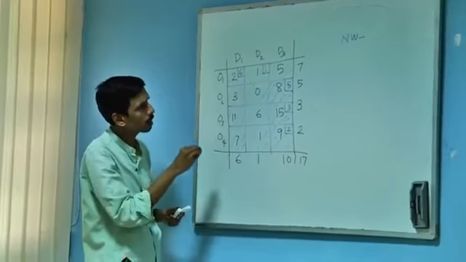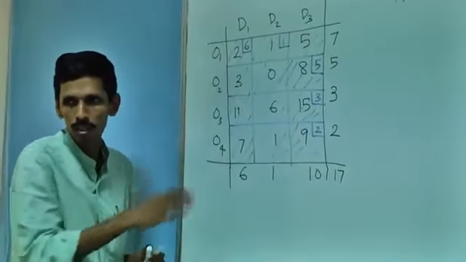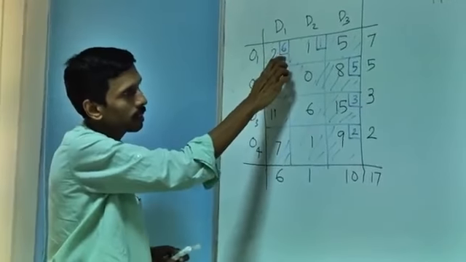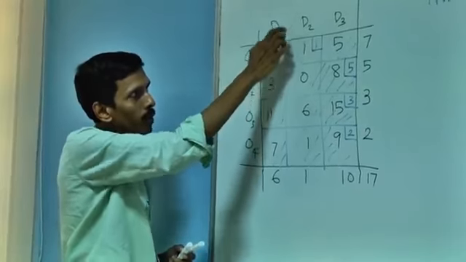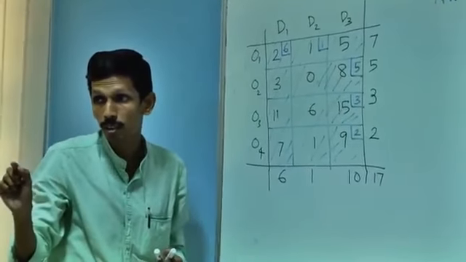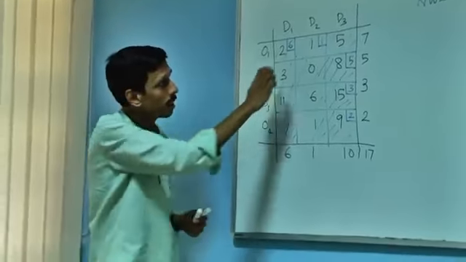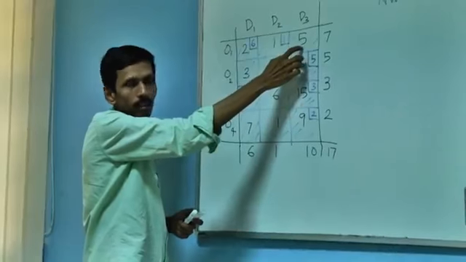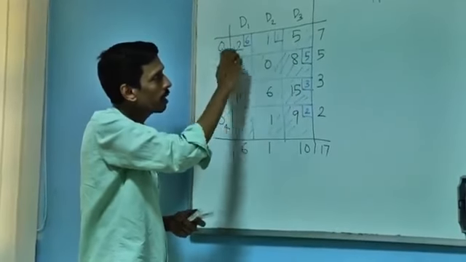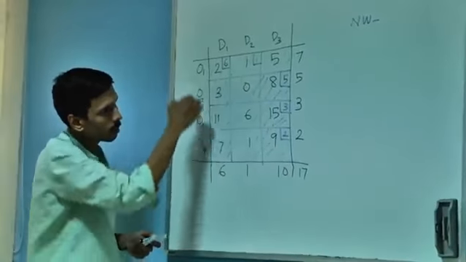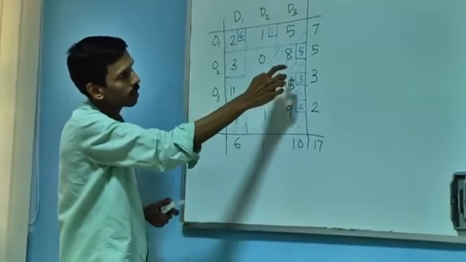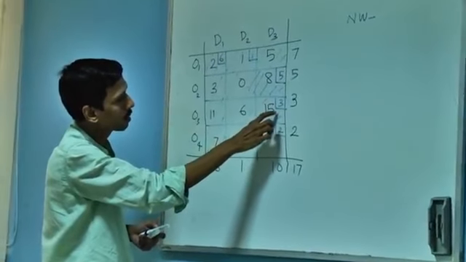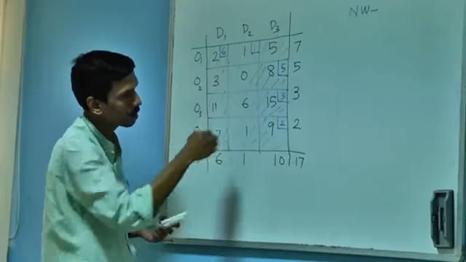And what will be the total cost of allocation in this situation? 6 is the number of units transported from O1 to D1. 2 is the cost to transport a single unit. Therefore, the total is 2 into 6 plus 1 into 1, plus 0 because we are not transporting anything on that route. Then what will be the total cost? 12 plus 1, 13, plus 40, 53, plus 45.